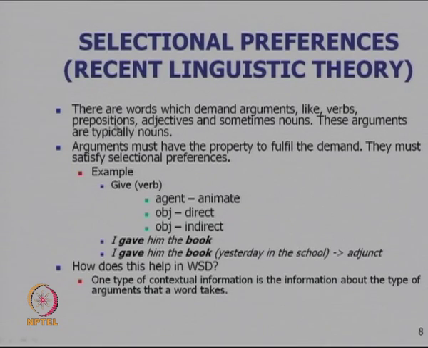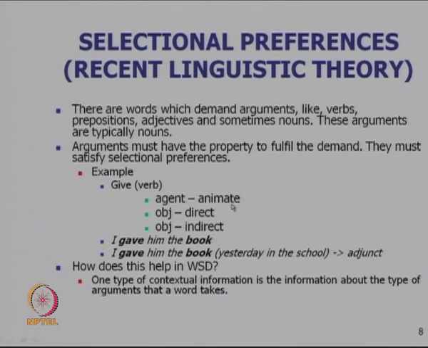Prepositions, what do they desire? Again a noun phrase. Verbs require objects, agents, and so on, which again can be nouns, and sometimes nouns themselves can be desire words. Nouns may demand nouns. Arguments must have the property to fulfill the demand; they must satisfy the selectional preference. So, for example, give is a verb, it has an agent, a direct object requirement, and an indirect object requirement.